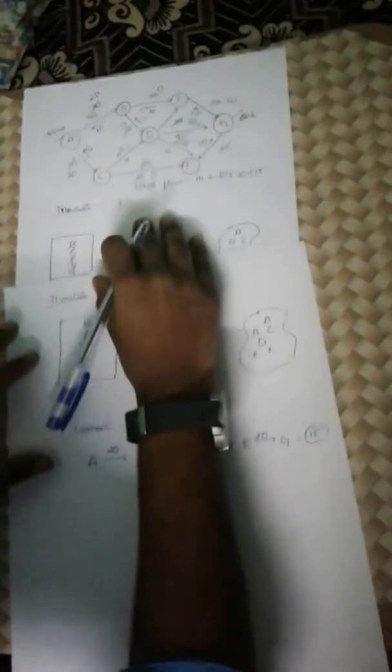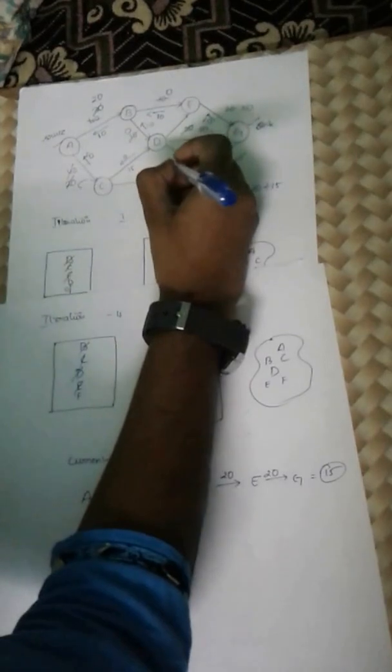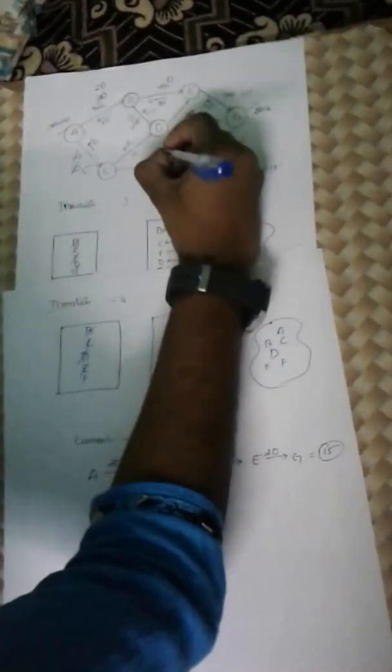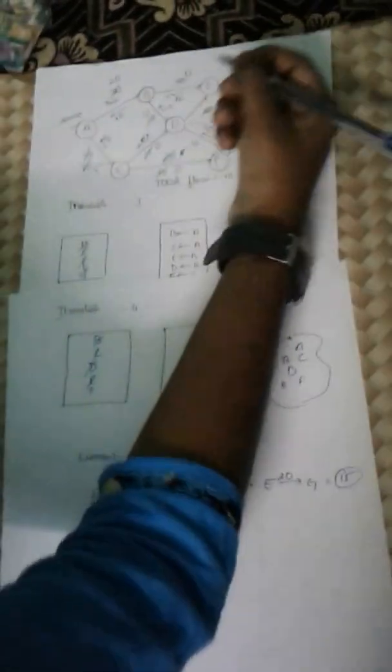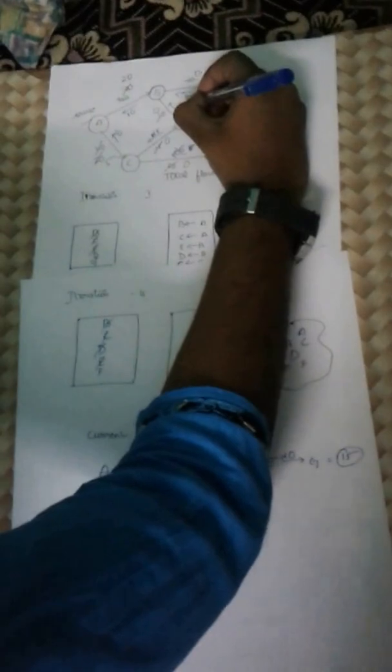So this would be my flow, and now I'm going to cancel out 15 in all the areas. So this will become 5, and here C to D, sorry, it becomes 0, and D to E, and E to G, 5 again.